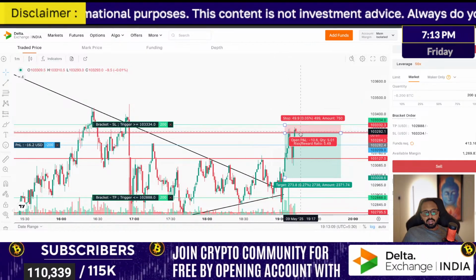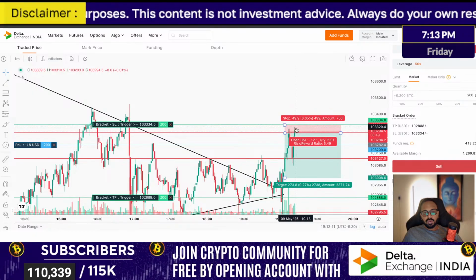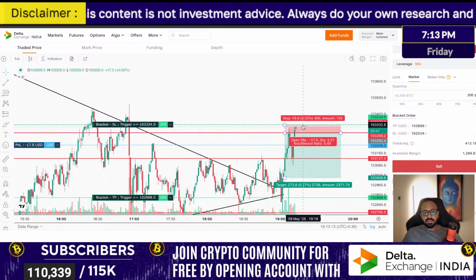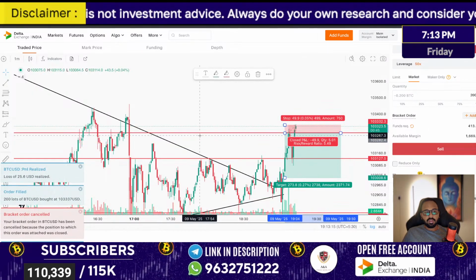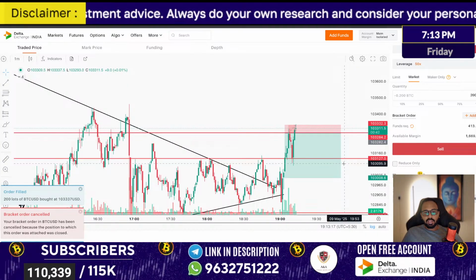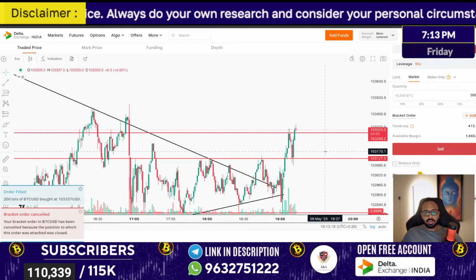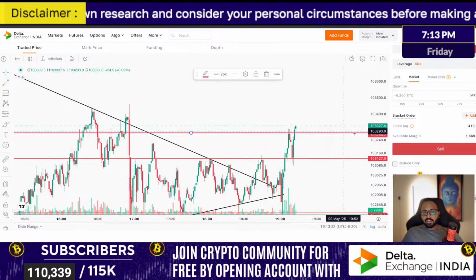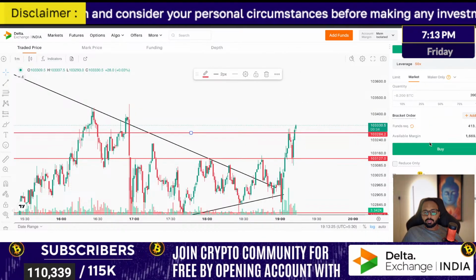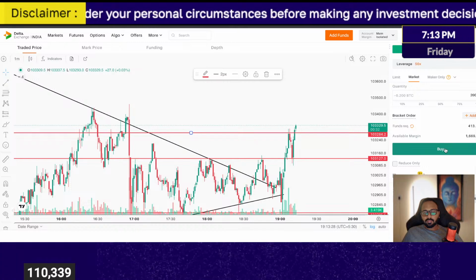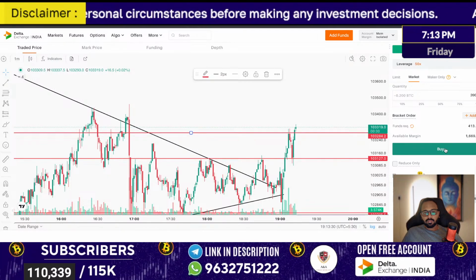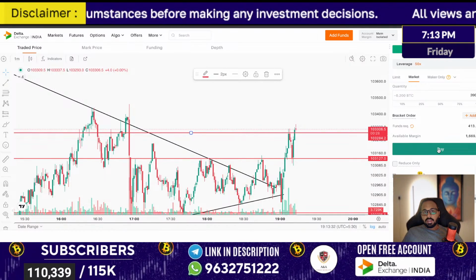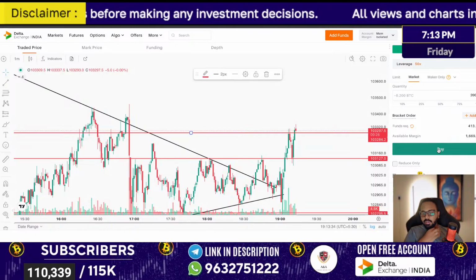Will the seller re-enter or not? If I give that much buffer, it is more than sufficient. Just 49 points. So the seller is not showing any interest here to re-enter. So one last time we will wait. If the market is showing continuation, let the market show continuation.